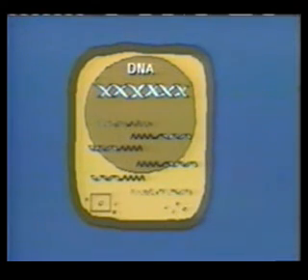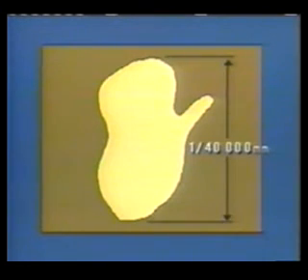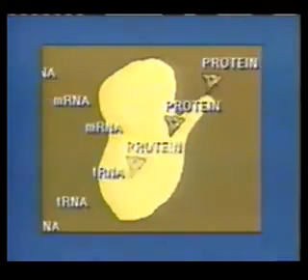Once the messenger RNA has passed through the nuclear membrane, it links up with the extremely small ribosome. It is here that the genetic instructions carried by the messenger RNA are received, and with the vital assistance of transfer RNA, are translated into functional proteins.